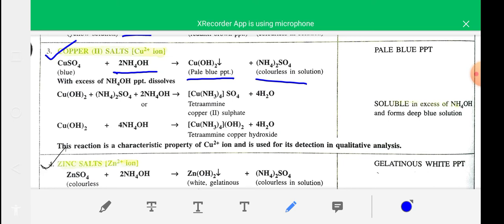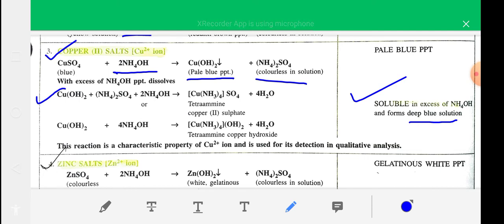Now see, when excess ammonium hydroxide is passed, this pale blue precipitate is soluble in excess ammonium hydroxide and forms a deep blue solution. So when copper sulfate is first treated with ammonium hydroxide, first you will get a pale blue precipitate of copper hydroxide, which is soluble in excess ammonium hydroxide.